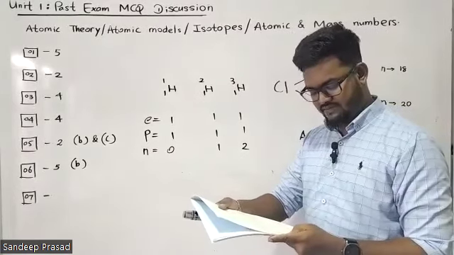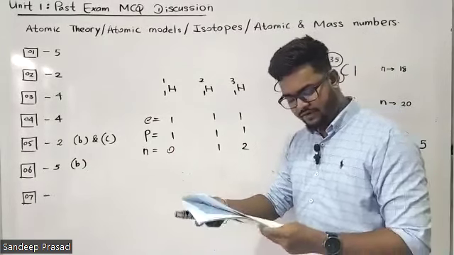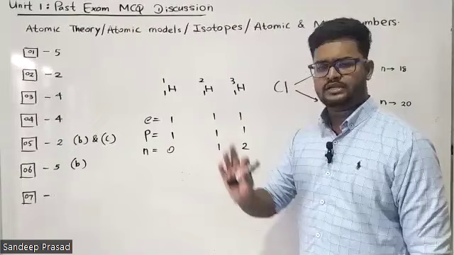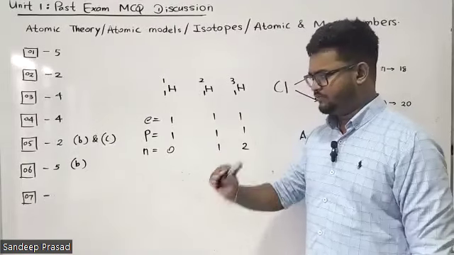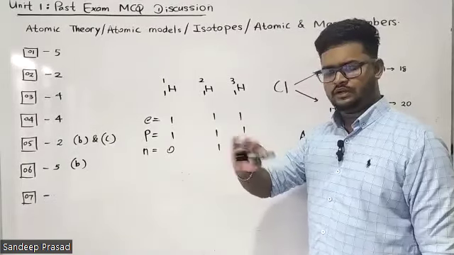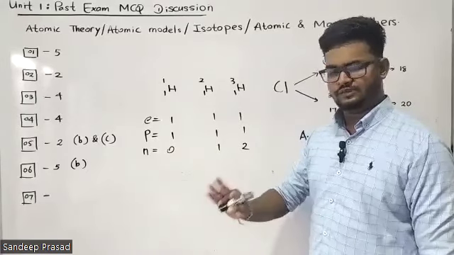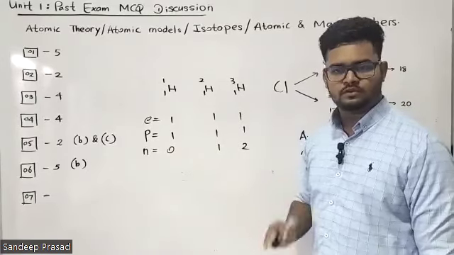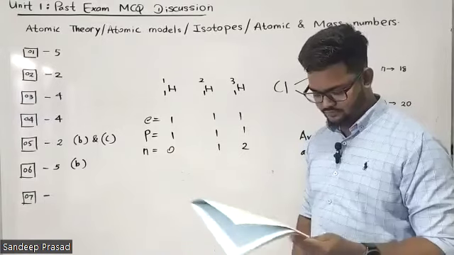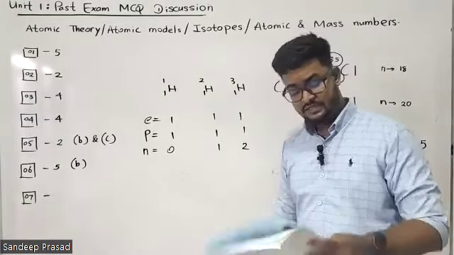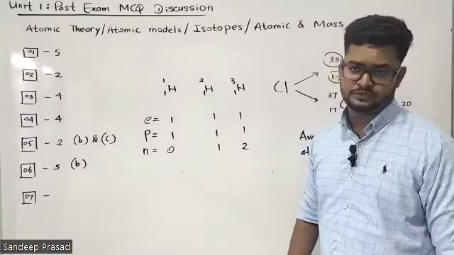So the answer can be the second one. Let's see. Every atom in an element has an equal number of protons. Yeah, that is also correct, right? By forming isotopes, the proton count and the electron count won't change. So we can say that we have the same number of protons. So that is also fine. Every atom in an element has an equal number of nucleons.